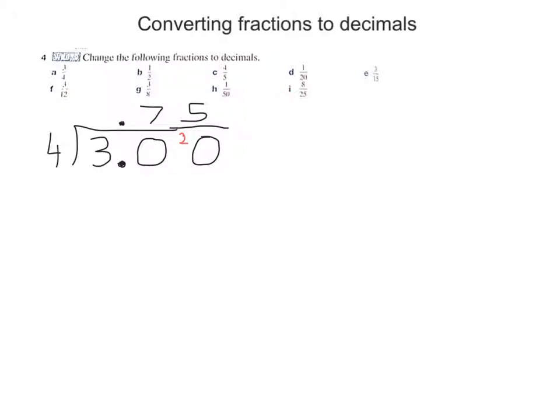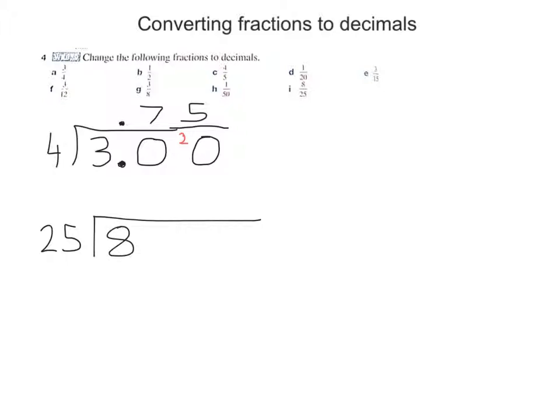Let's try question I, which is 8 over 25. So again, remember the first step is to write the denominator, which is 25, on the outside of the division sign. So we go ahead and we do that. The next step is to write the numerator inside the division sign. So we do that.